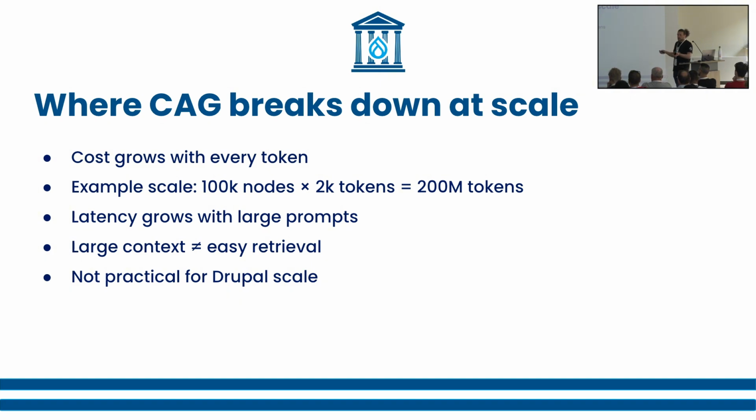Then, if you have a Drupal site and you add more content, of course, if you have 1,000 nodes with 2,000 tokens each, you have 2 million tokens, or 200 million tokens, so you cannot pass that to the context window. Then it becomes slower. When the LLM has a really, really large context window, it starts focusing on the wrong part of the document, so you can get a wrong or inaccurate answer, and it's not practical for Drupal.